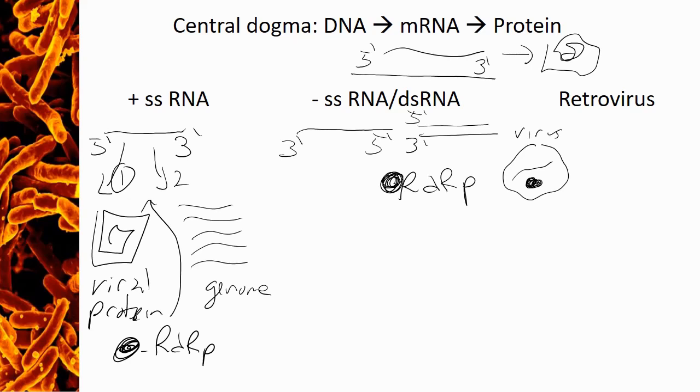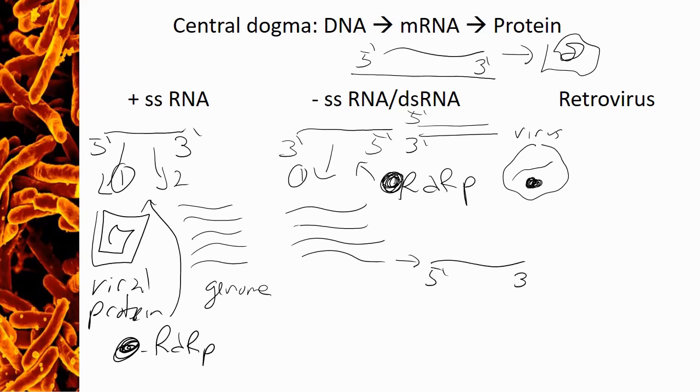This allows, when they get into the cytoplasm, this RDRP to immediately start replicating and making copies of the viral genome. One of those copies will be made 5' to 3', so that step 2 can then be translated into viral proteins. So you should notice that the difference between your positive sense and your negative sense or double-stranded is that steps 1 and 2 are reversed.